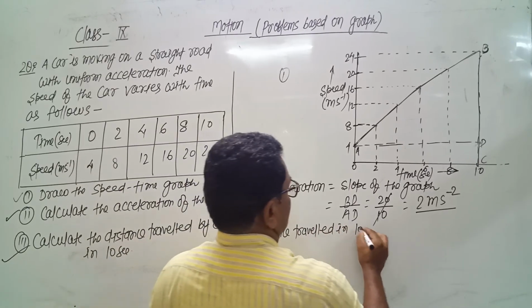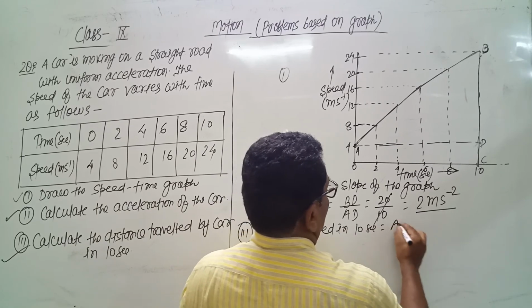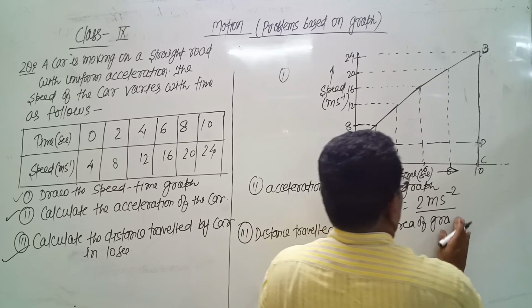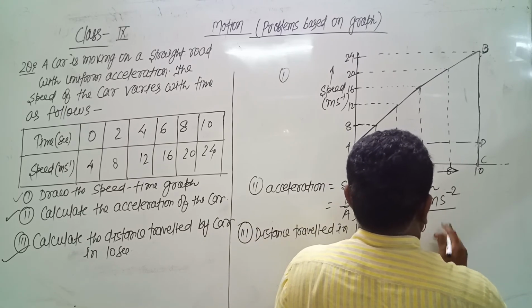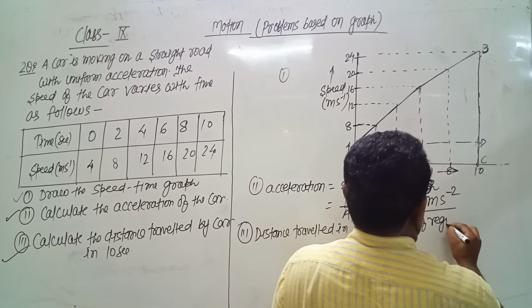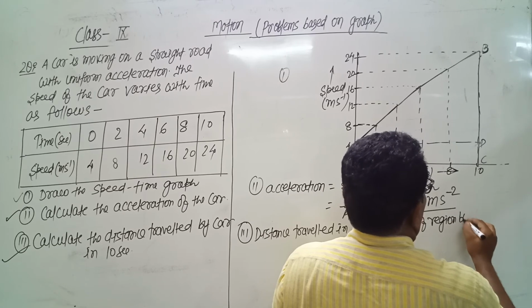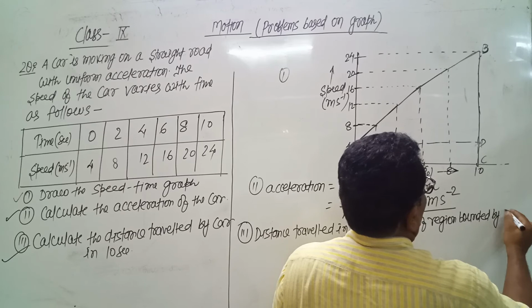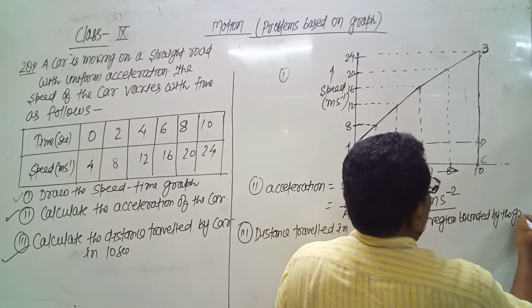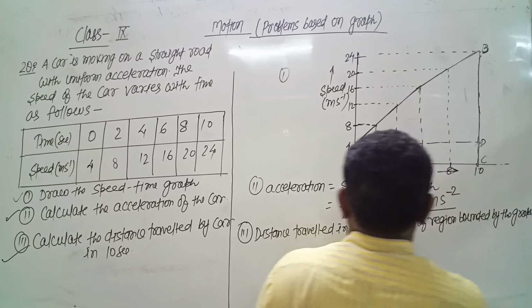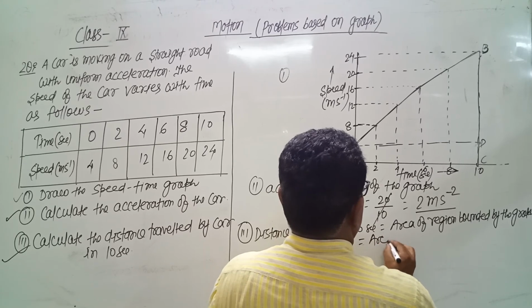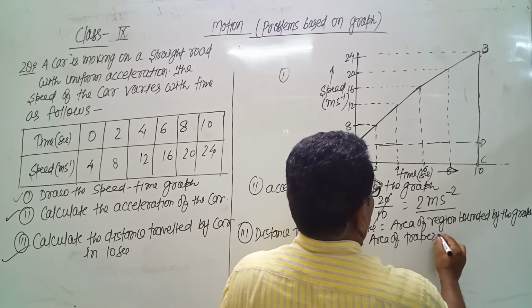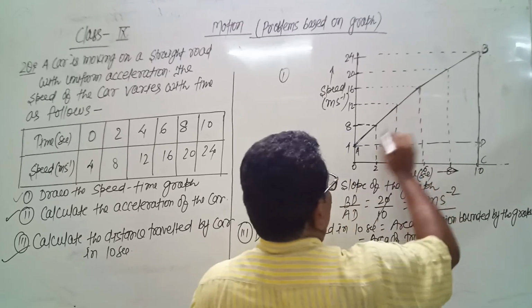Area of the region bounded by the graph means area of trapezium OABC.